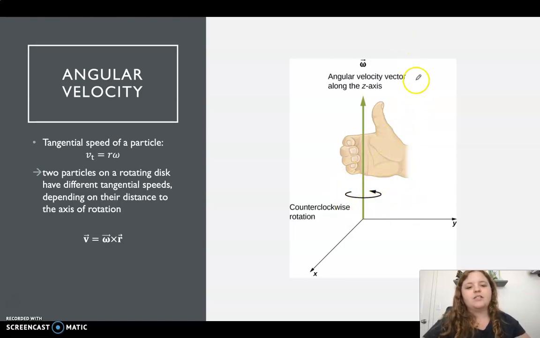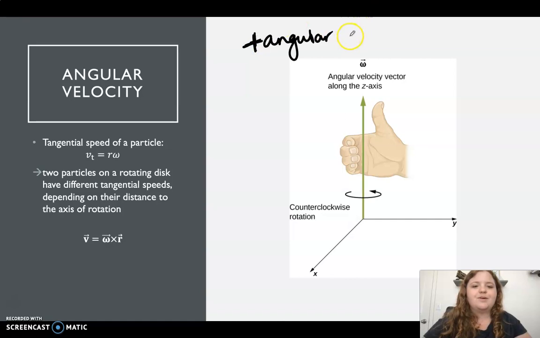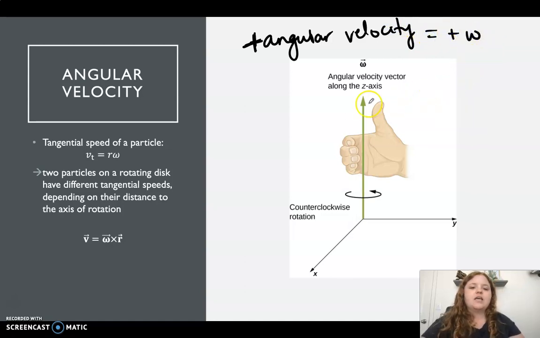So if we have a positive angular velocity, or I could say positive omega, then we'll have the counterclockwise rotation.